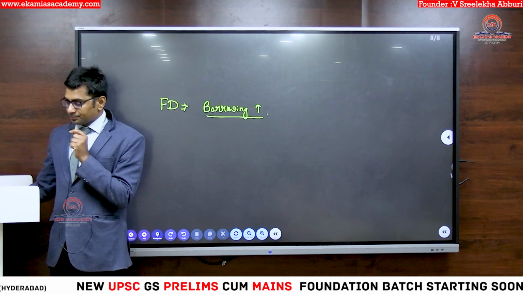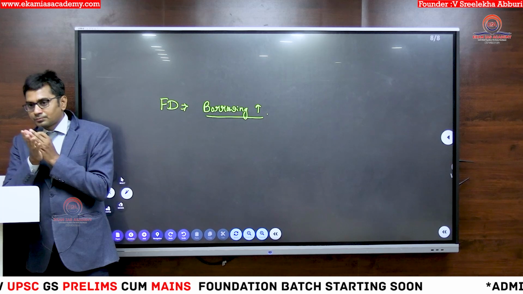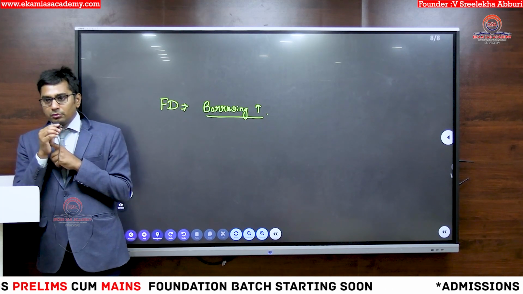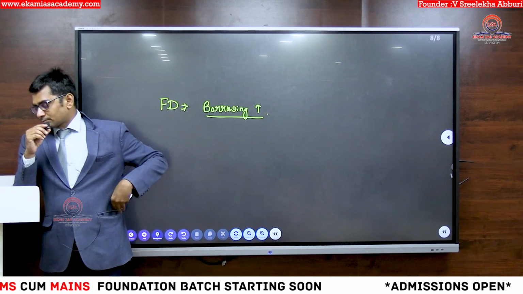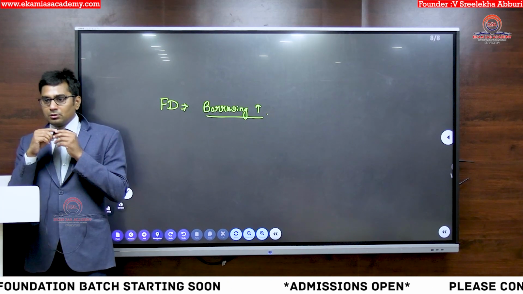Next one, government may resort to more disinvestments in public sectors.